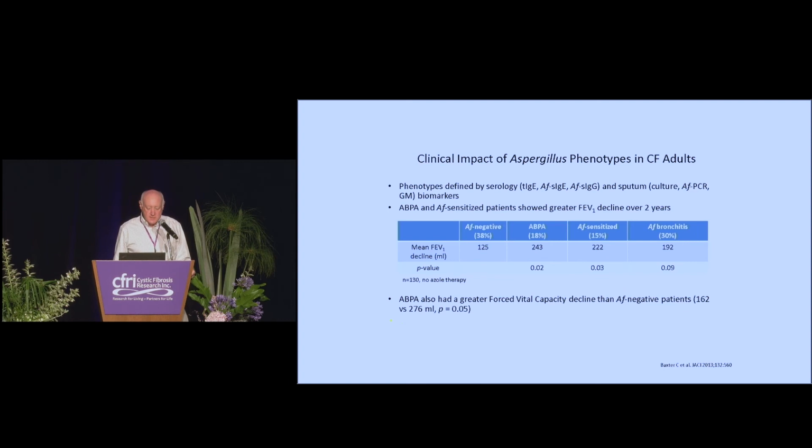And what you see here is that those with ABPA had the fastest decline in their lung function, but those that were simply allergic also had a decline, and those with bronchitis had a trend toward a greater decline, all compared to those that didn't have any evidence of Aspergillus. So all of these phenotypes are either shown to be, or in this particular case, given the numbers involved, trending towards definition of real clinical problems.